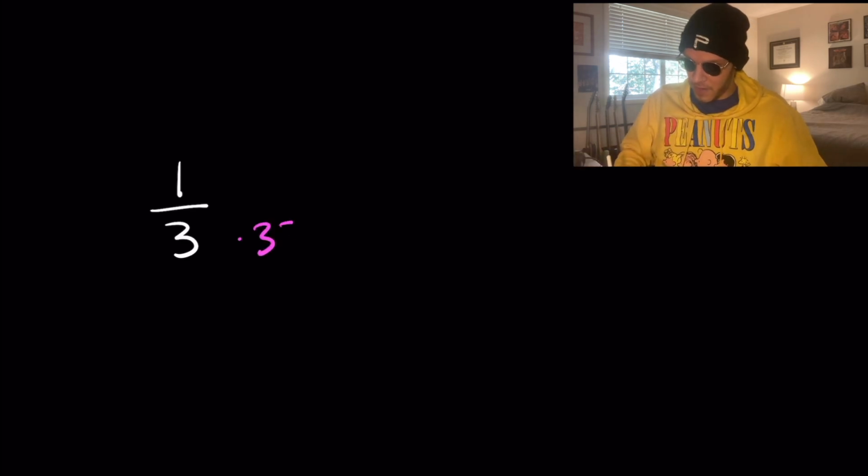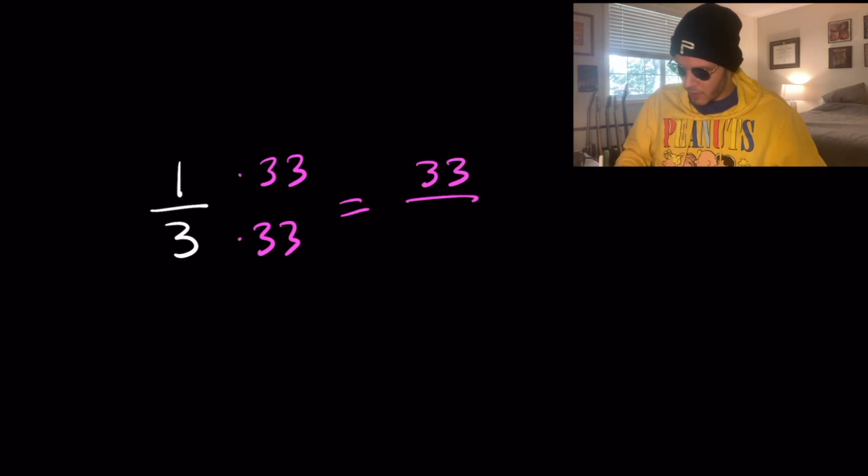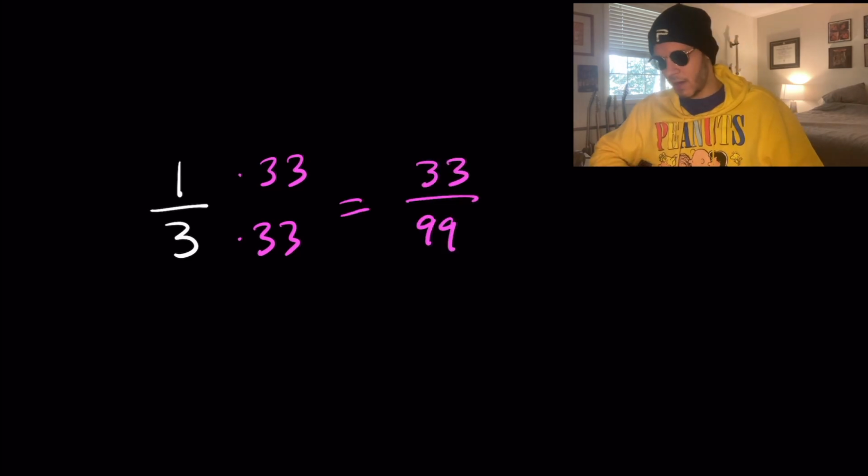Let's look at 1/3 real quick before we do some examples. If I thought about this the way that we have just explained it, I'm going to multiply 3 by some number to give me 100. Well, there is no number multiplied by 3 that will give me a nice even 100. The closest number is going to be 33. So if I do that on the top and bottom, I'll get 33 out of 99.